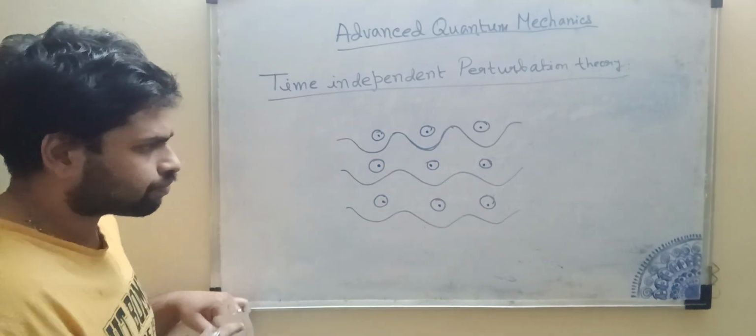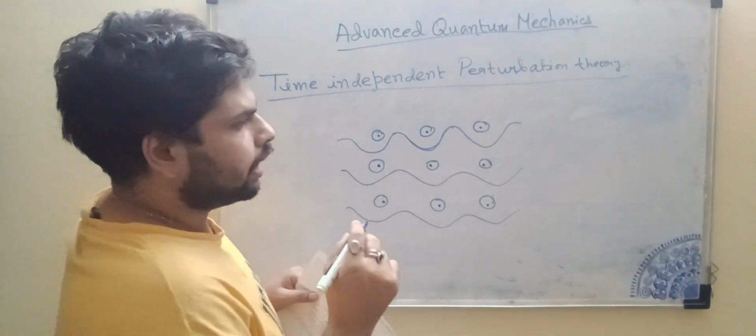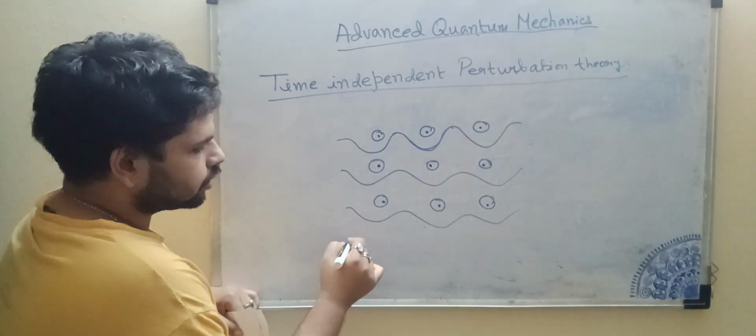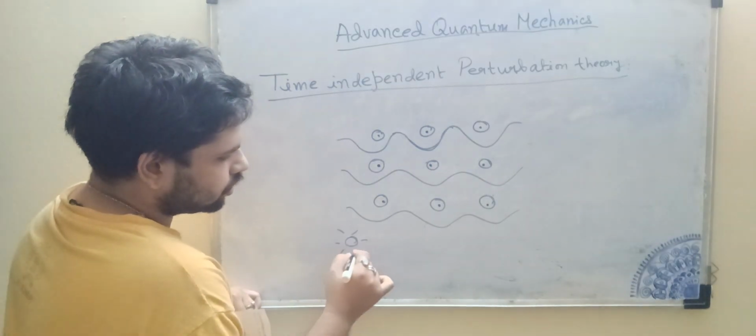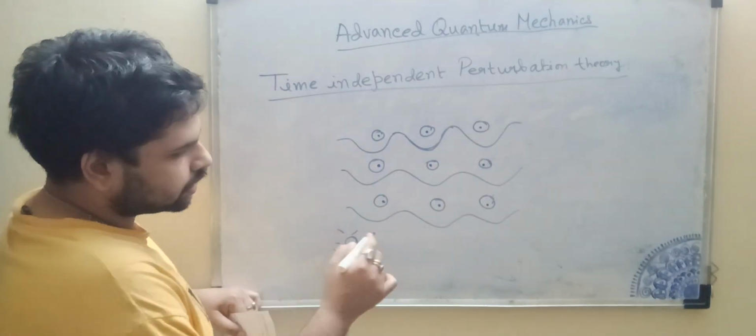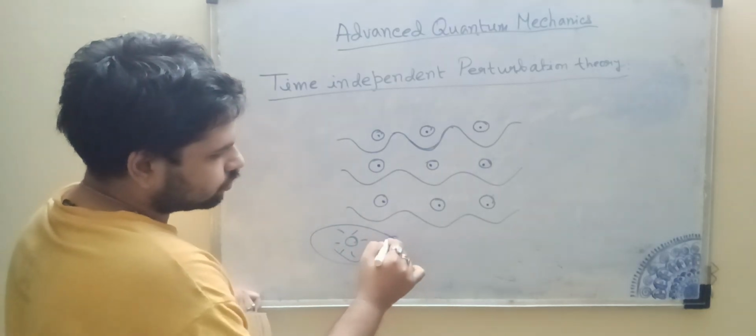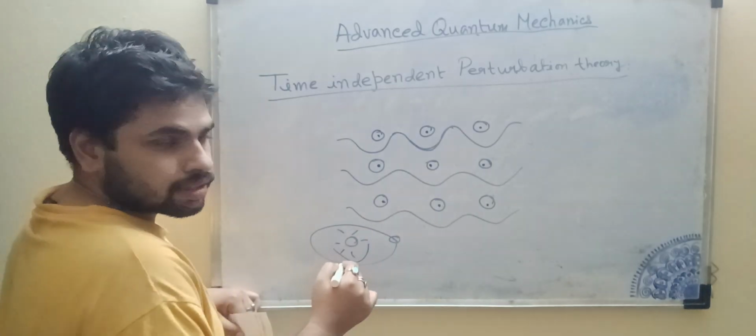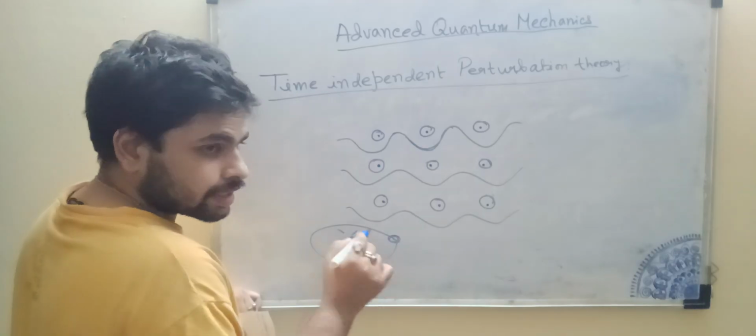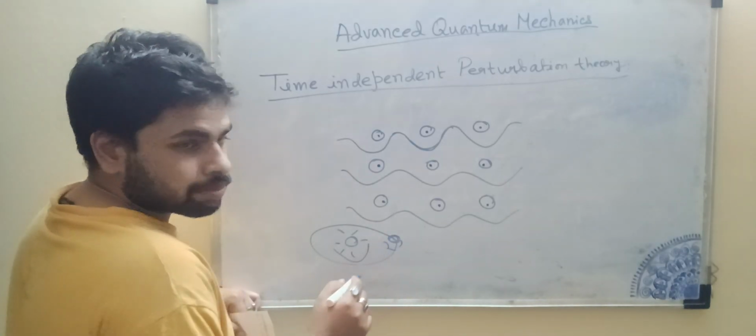In astronomy also, the sun has a corresponding potential, and the earth revolving around it has its corresponding potential well.